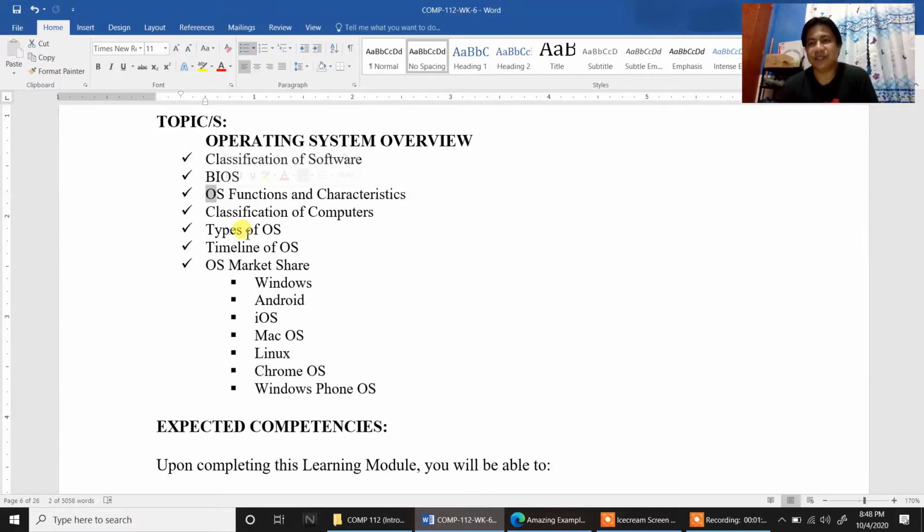What are the trends right now? What are the OS that are very popular? And the market share, the profit in the market, what percent use it all around the world, not only in the Philippines but also around the world. It is just an FYI, for your information.